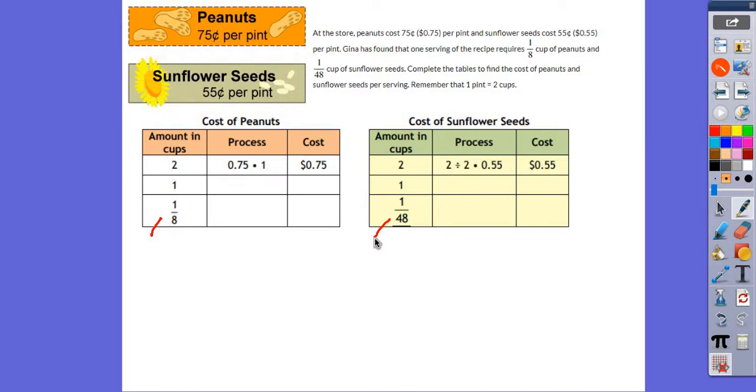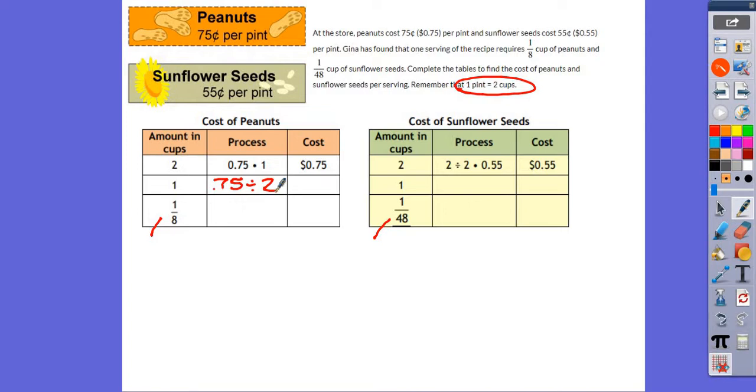So it is best to figure out how much it costs for 1 cup. How much does it cost for 2 cups? The pint, because a pint equals 2 cups. So how do I find for 1 cup? Divide 75 divided by 2.